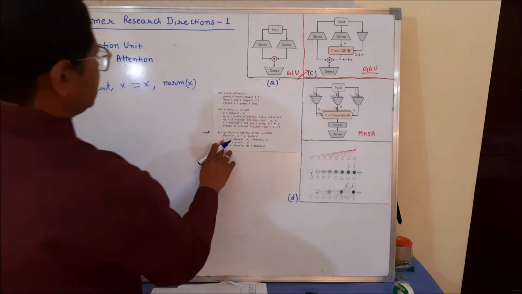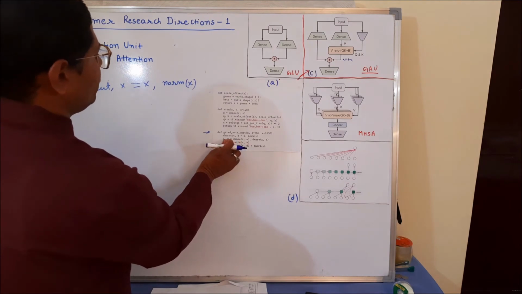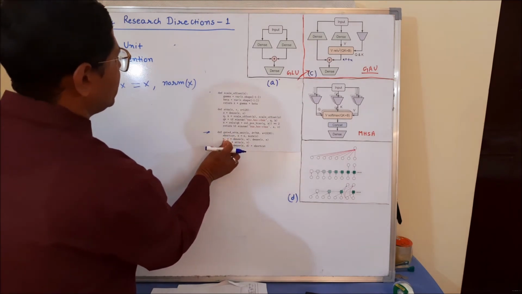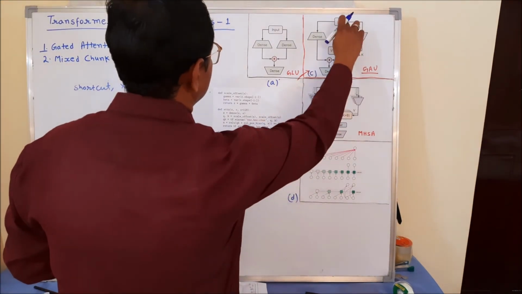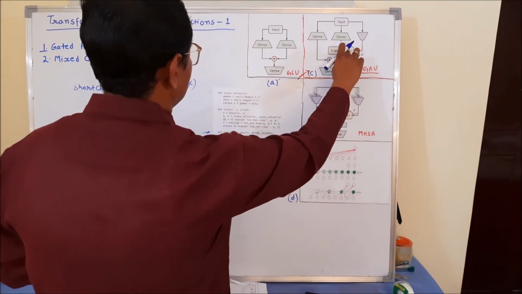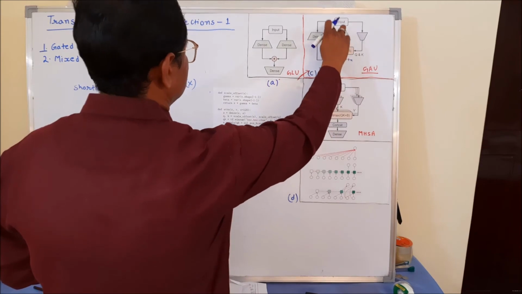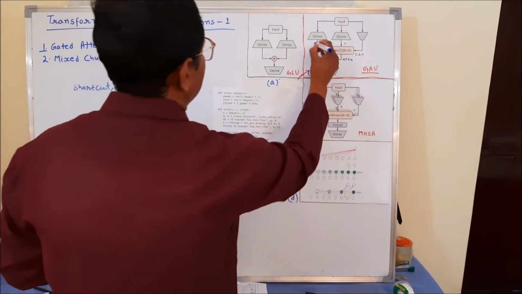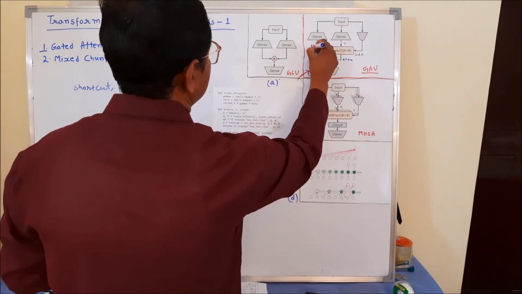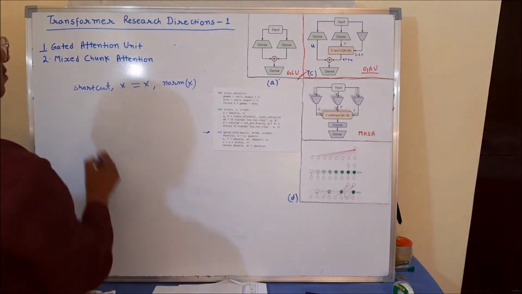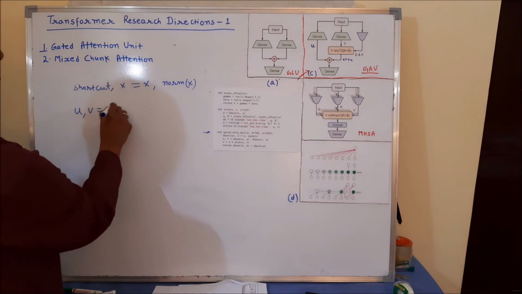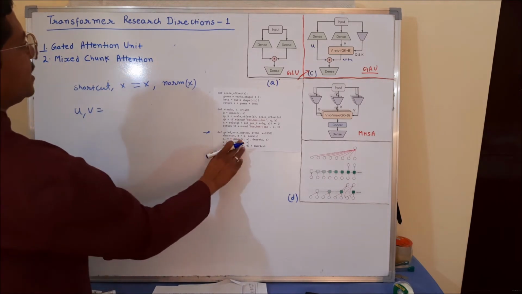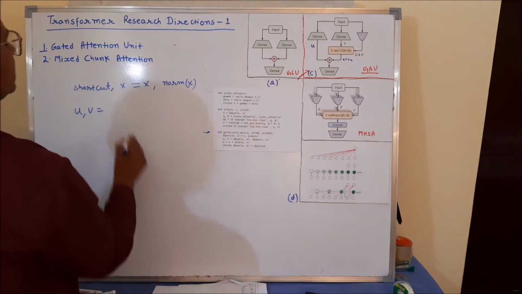So once we have this, this is our V output, and this is considered as output U. So U output is considered as dense X and E.